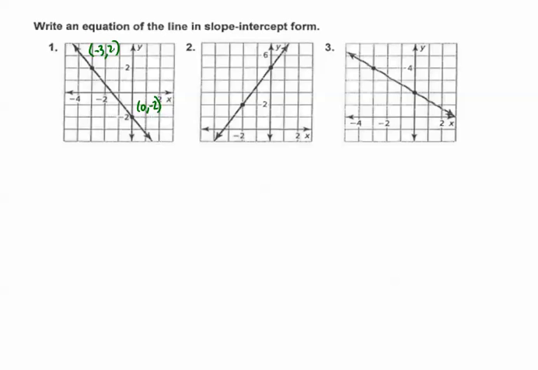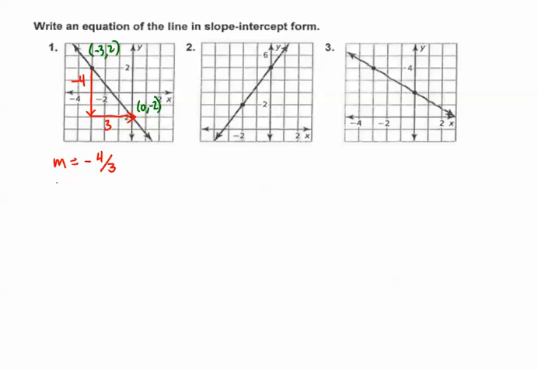So we can simply move from left to right and calculate the slope: down 1, 2, 3, 4. So it's down, we'll say negative, over 1, 2, 3, right 3. And so we have -4/3. So our slope is m is equal to -4/3.